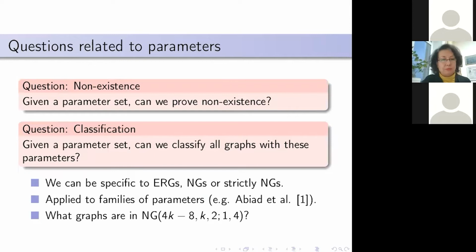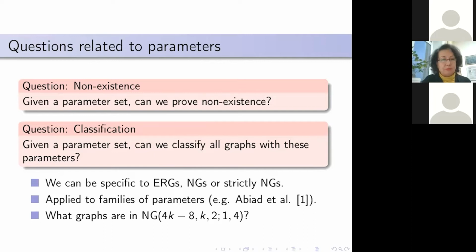So as Martin presents, we could ask non-existence questions. So given a parameter set, can we prove there's no graph with these parameters? We can also ask classification questions.